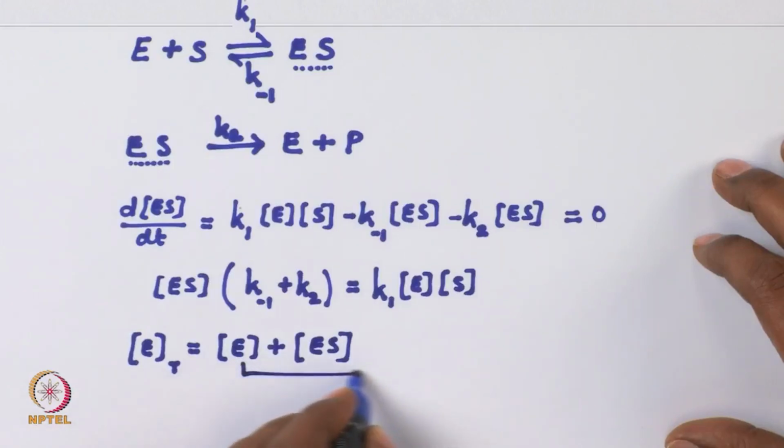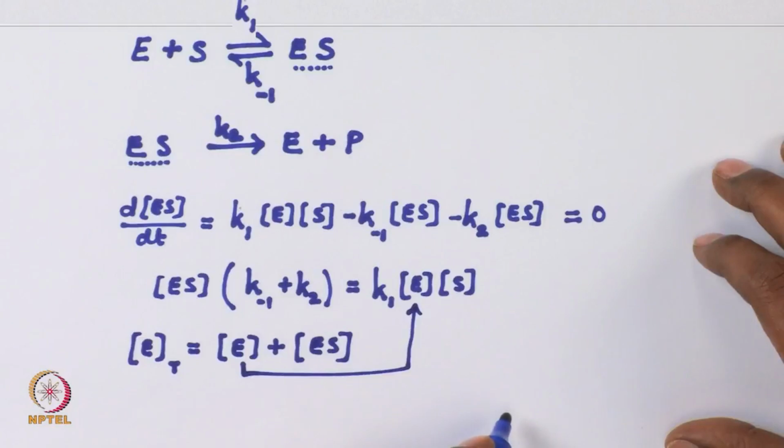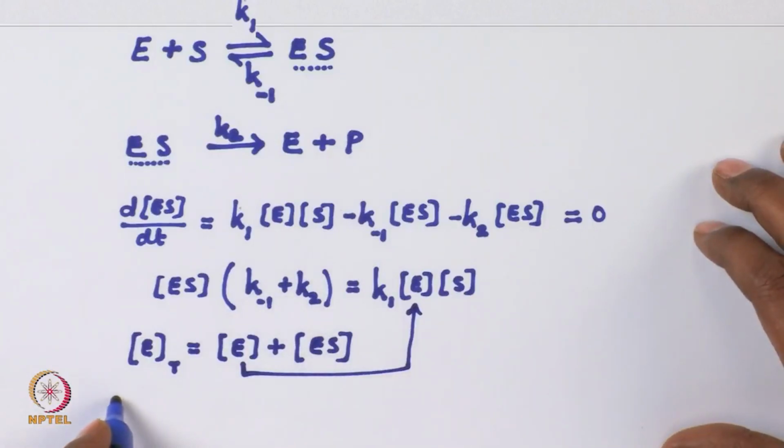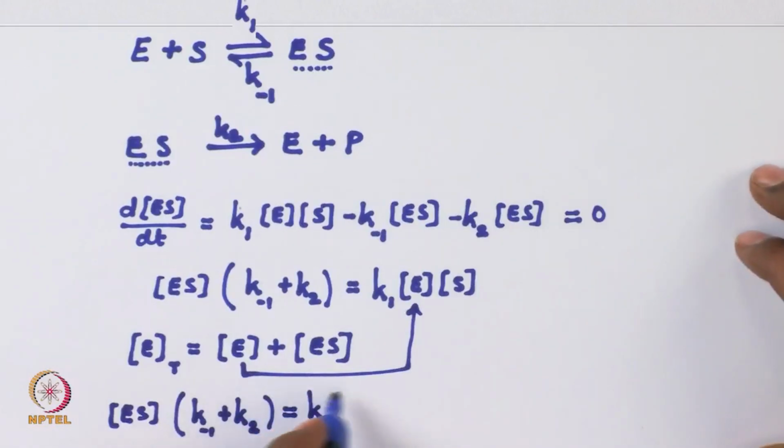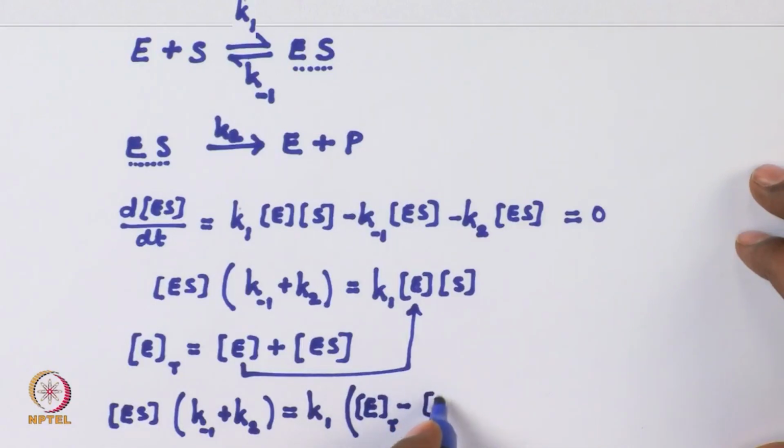I can substitute for E into this, and what I will get is ES into K minus 1 plus K2 is equal to K1. Within the bracket, instead of E, I will use E total minus ES, this is for E, and then I have left over S.